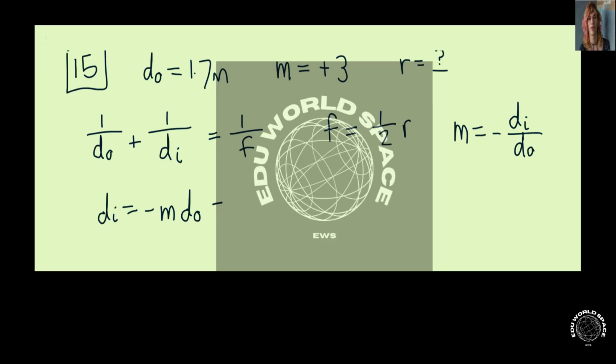Actually, we don't need that for now. We'll do a little bit of manipulation first. We can use the lens equation to get an expression for f. Bit of algebra. We have d naught di over d naught minus m d naught.